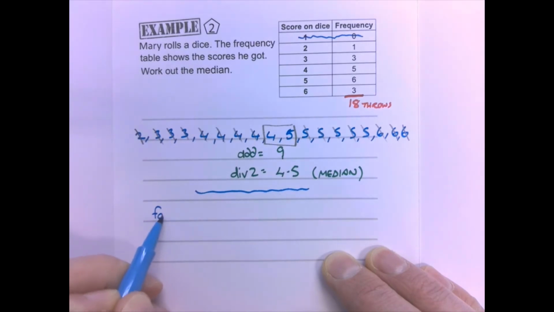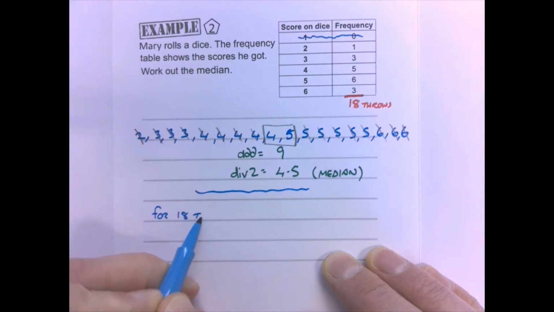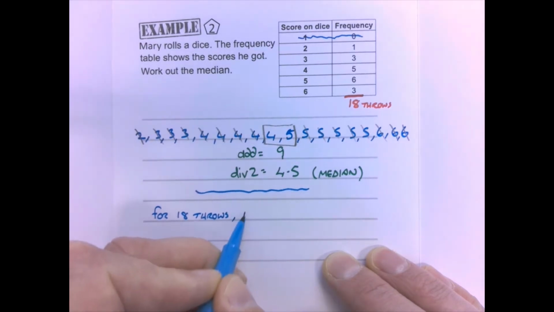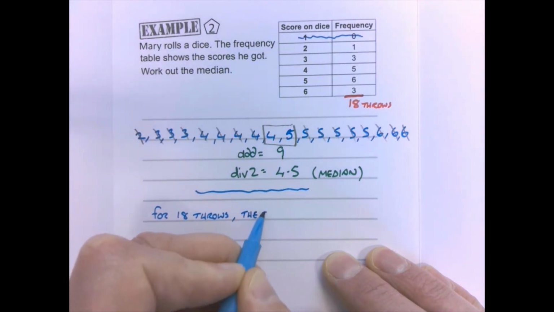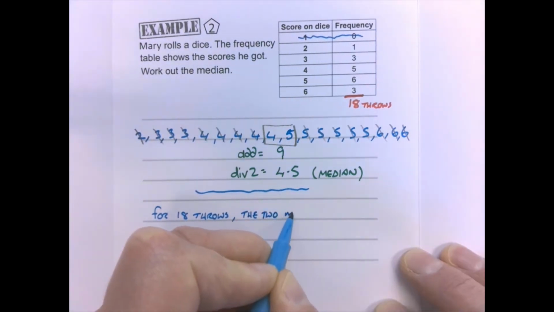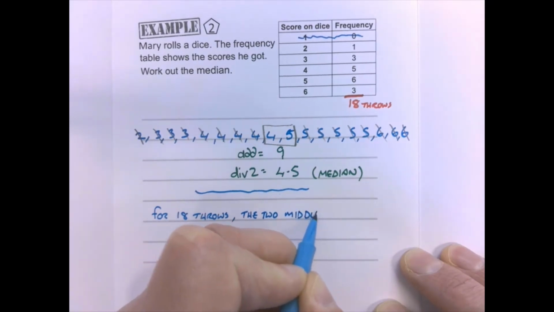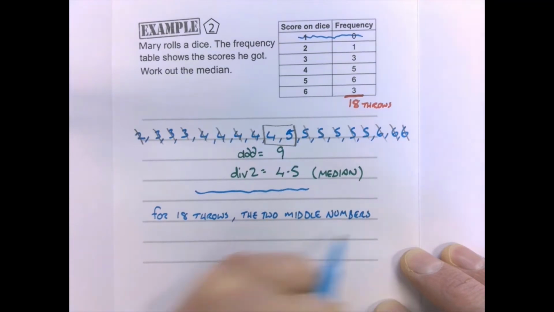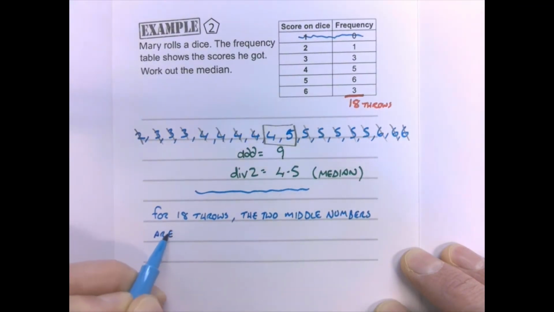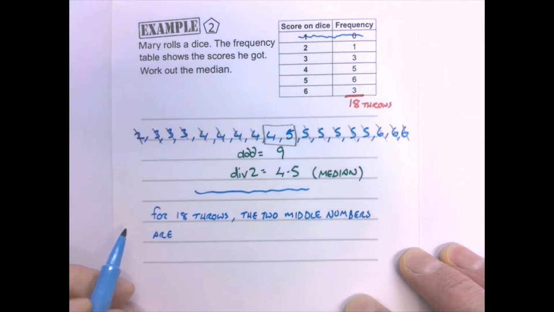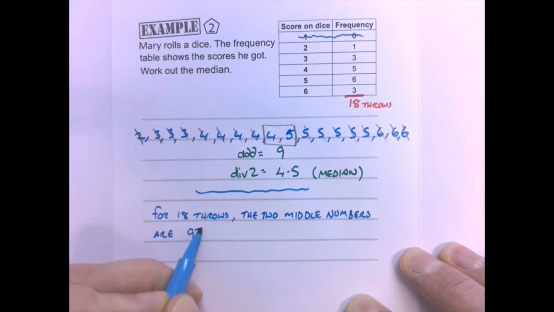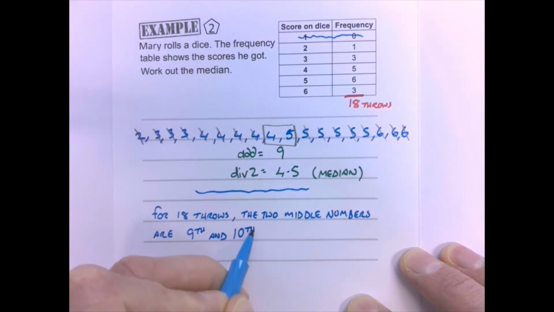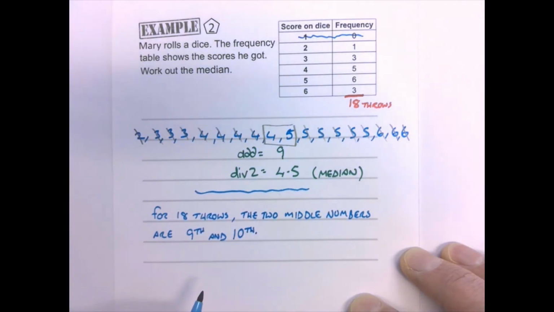So for 18 throws, the 2 middle numbers are the 9th throw and the 10th throw. Okay, so 9th throw and the 10th throw.